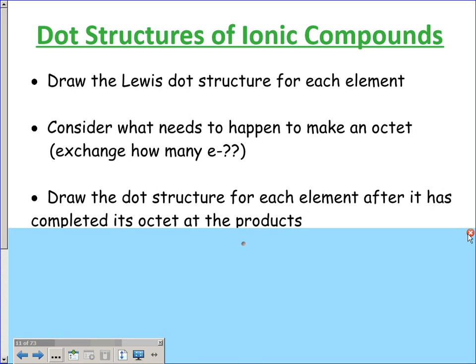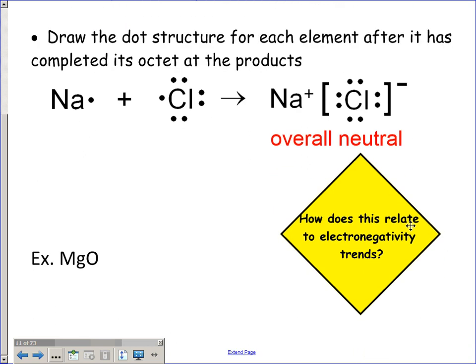Go ahead and draw sodium with 1 dot. Like this. And we are going to allow sodium, which is a metal, right? We're going to allow it to get rid of its valence electron. Why is it trying to get rid of its valence electron? Nick.